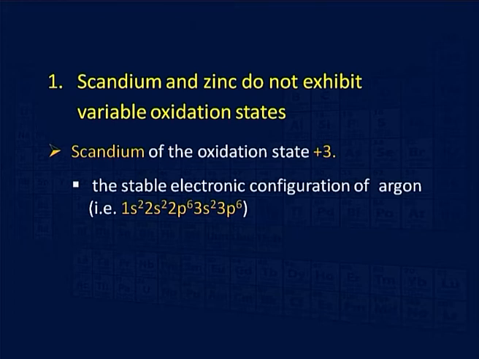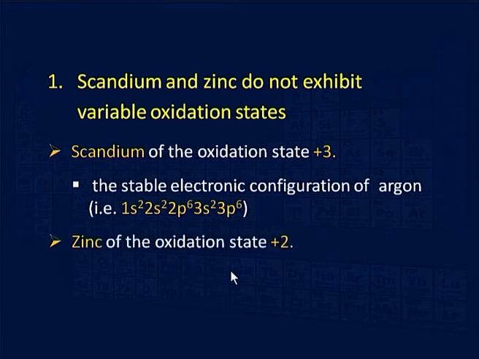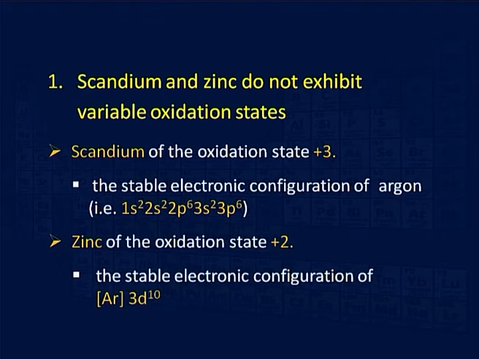The reason for this stable oxidation state is that the electronic configuration of scandium becomes like argon after removing the 3 electrons. Similarly, zinc can possess +2 oxidation state only, because by removing 2 electrons, zinc acquires the stable electronic configuration argon 18 3d10.